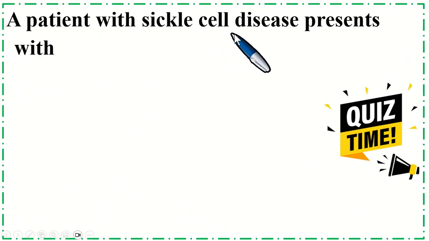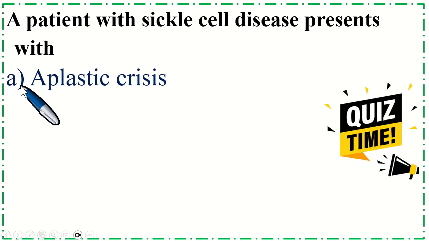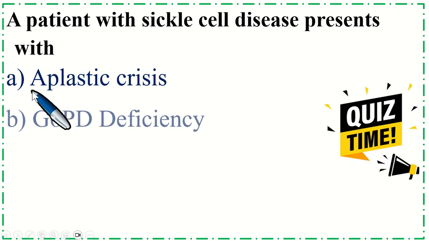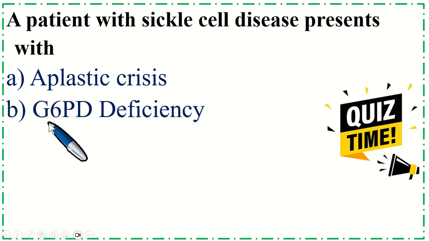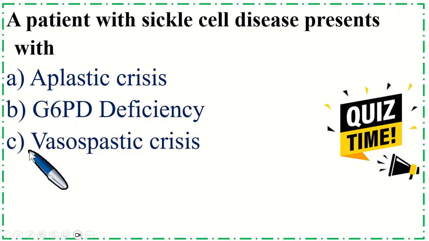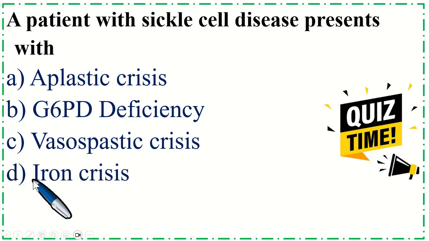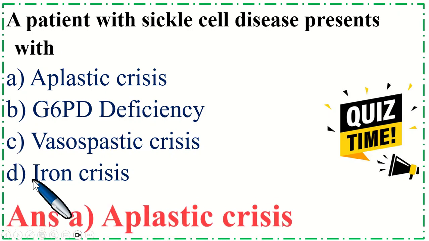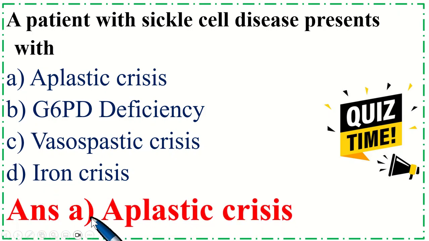A patient with sickle cell anemia presents with option A aplastic crisis, B G6PD deficiency, C vasospastic crisis, option D iron crisis. Correct option is A aplastic crisis.